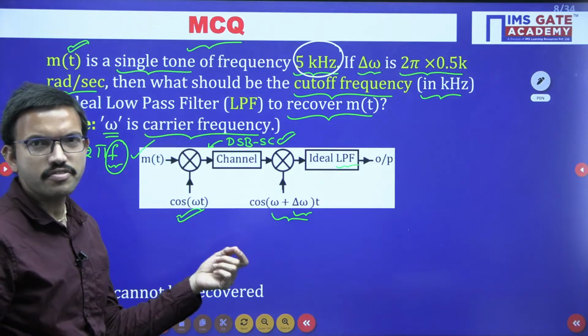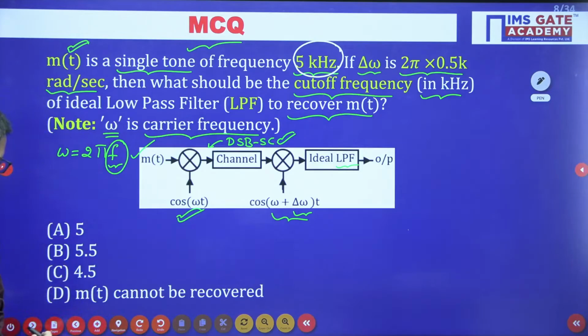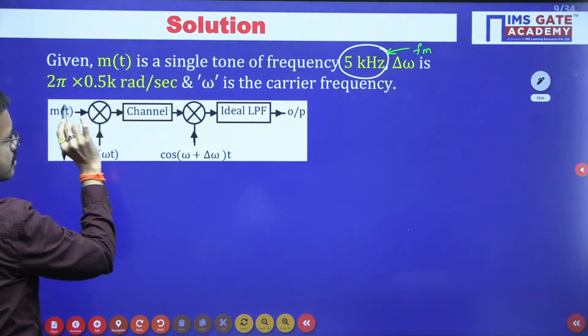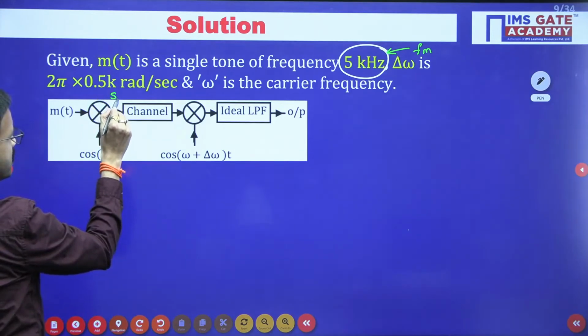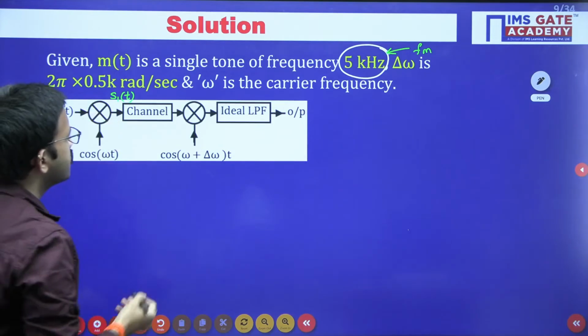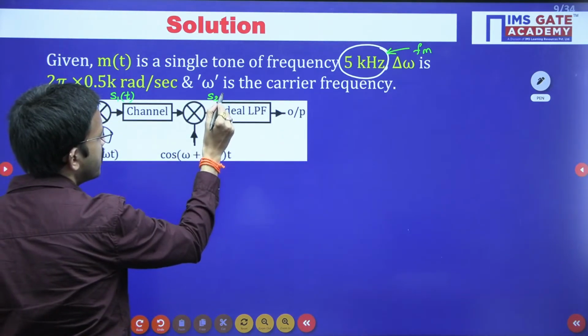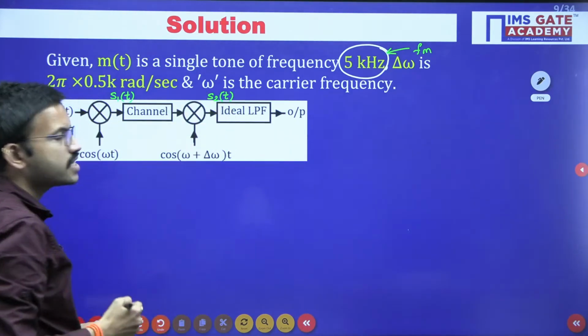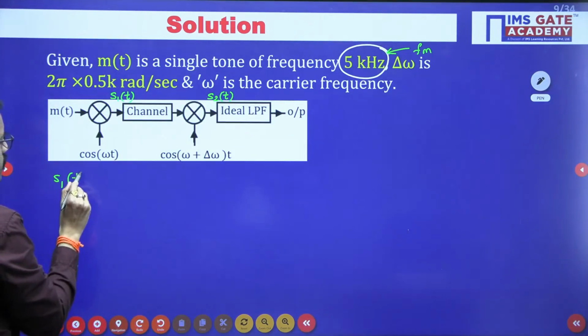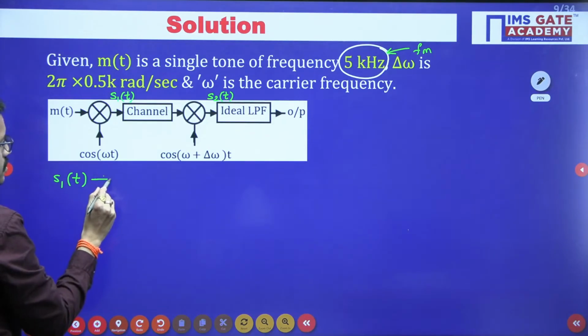In general we will be having fc, but in this particular question it is f. So for the time being I am representing the output of the first multiplier as s1 of t, and the output of the second multiplier as s2 of t, for easy understanding. Regarding s1 of t, we need not write any mathematical equations.